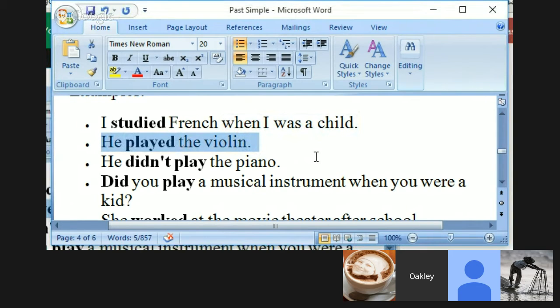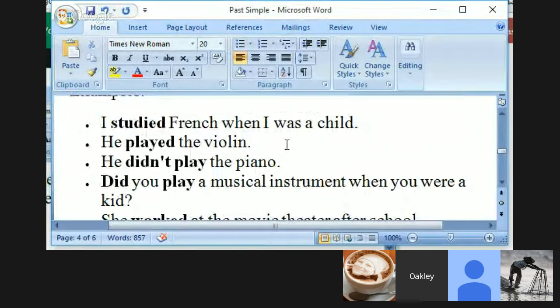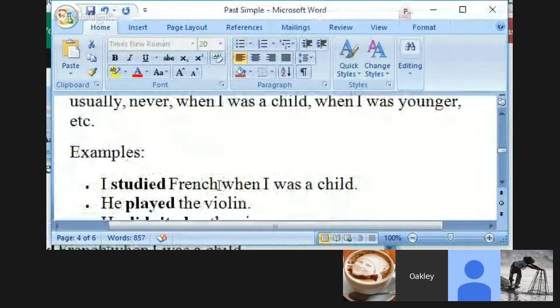If you were to just say this, I would not even know what you're talking about. He played the violin. When? If I heard this, I would immediately ask, when? What are you talking about? When did he play the violin? Without any defining phrases like always or often or usually or when I was a child or something, this doesn't really make a whole lot of sense, and it really is unsuccessful at expressing this idea of a habit in the past.